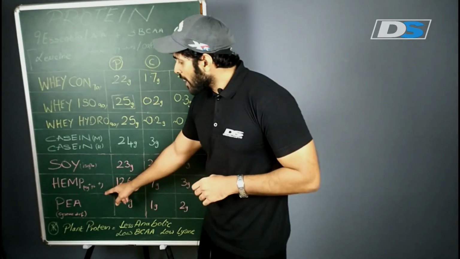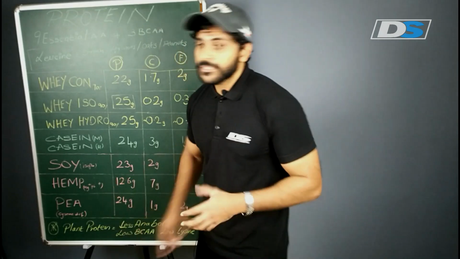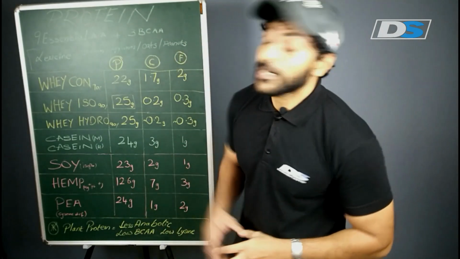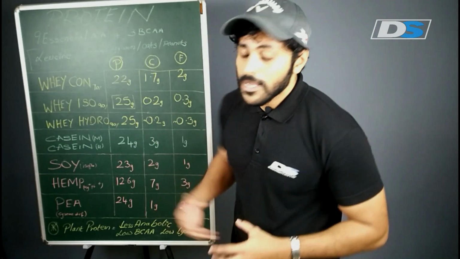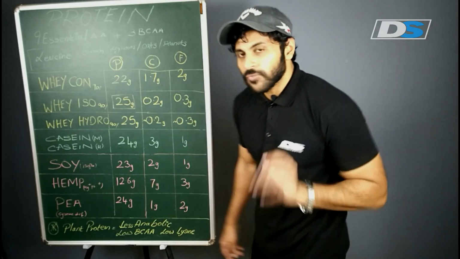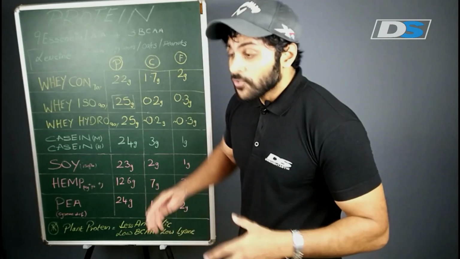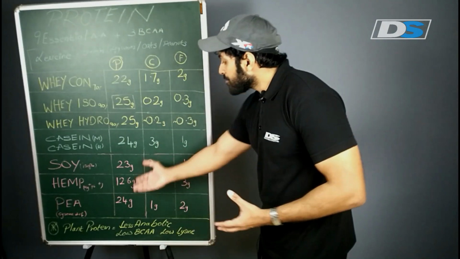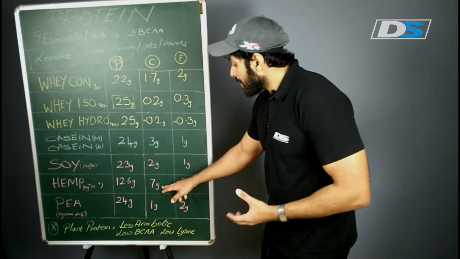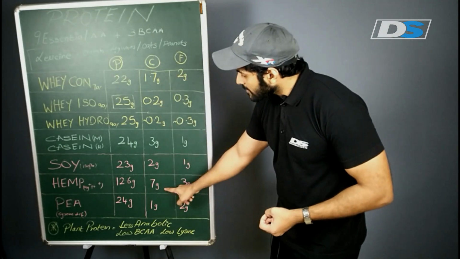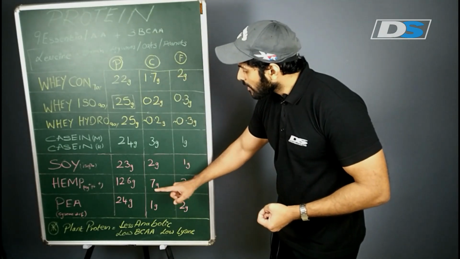Next, I know some people who take hemp seed protein. They call it natural protein and so many other names, and it's really very famous these days. But the problem with that is it only packs 12.6 grams of protein. It's not enough. You have to take a lot of hemp in order to get your requirement for a day. And also the downside here, look at this. In the entire list, it has the highest amount of carbohydrates.